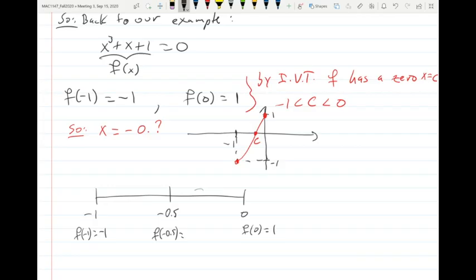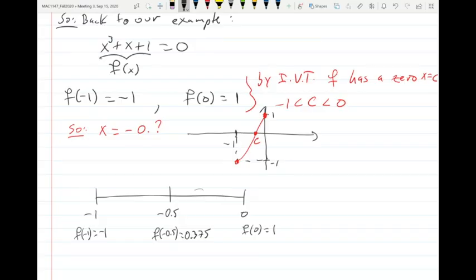So we plug -0.5 into the function. Let me do this quick. -0.5, then we need to cube this. Then we do -0.5, then we add 1. Okay, so I'm getting 0.375.